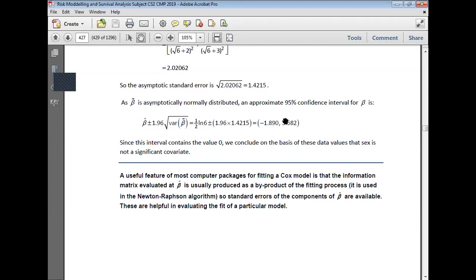What was the beta? Yeah, the beta measured the gender, right? So it took a value 0 or 1 corresponding to being male or female.